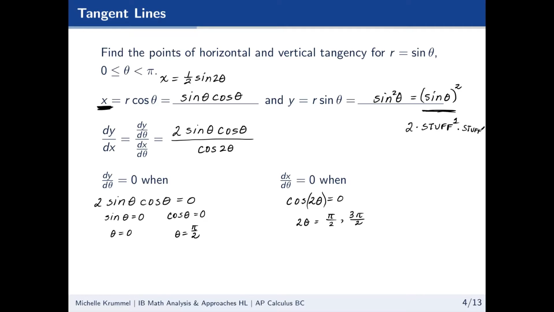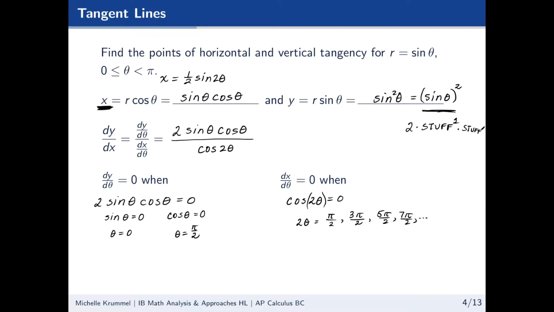But if you're not sure about that, we can just keep listing a few more. We could even write all of the solutions by doing something like plus 2 pi k, or plus pi k in this case. But the next one would be 5 pi over 2, and so on. And of course, we also have some solutions prior to pi over 2, but remember, our domain starts at 0.